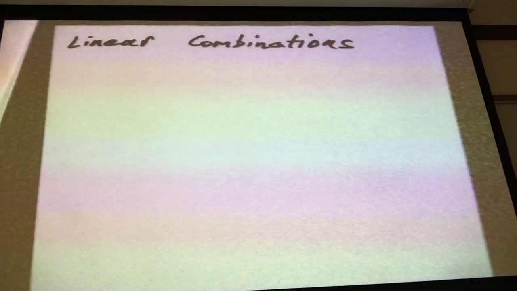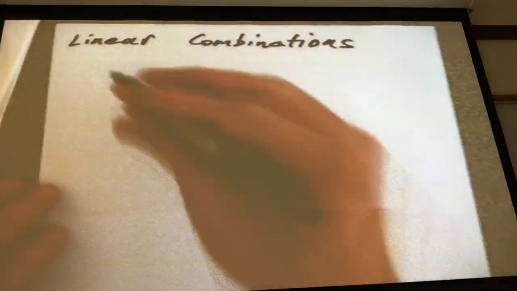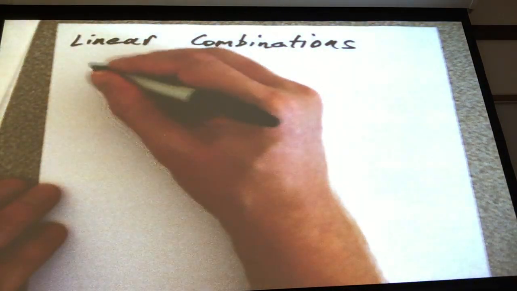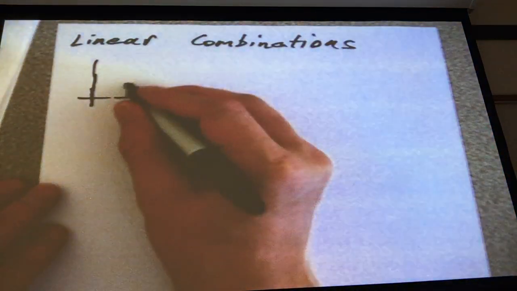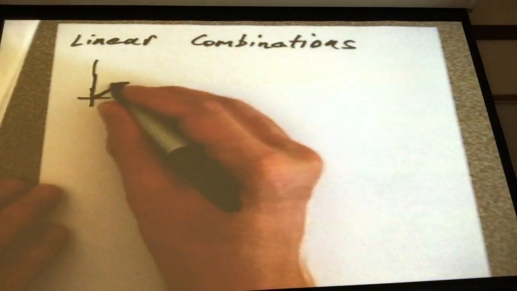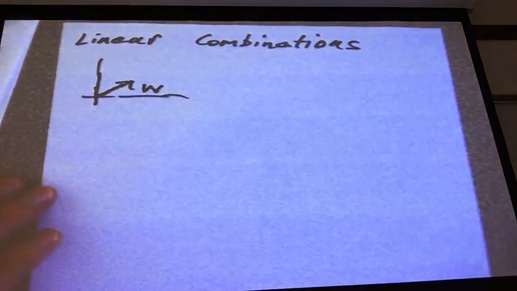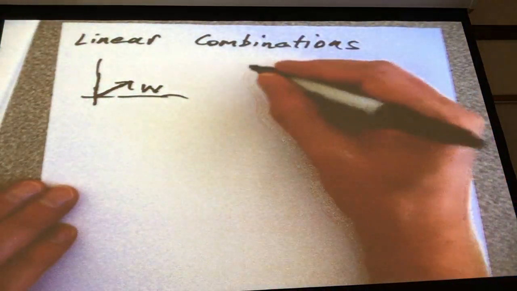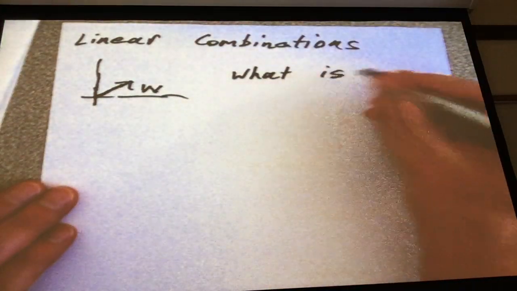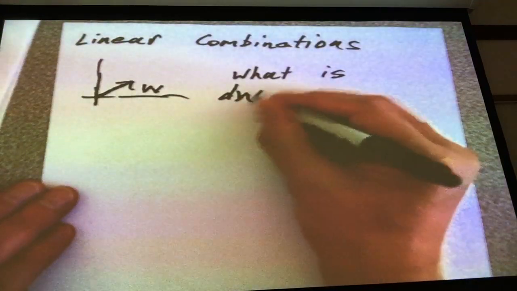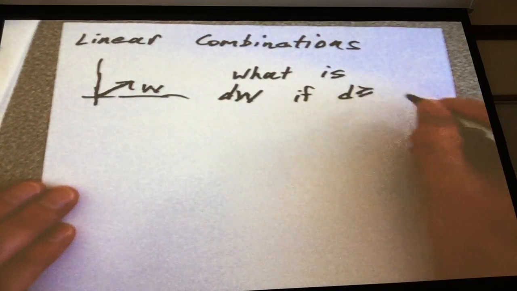Okay, so let's talk about linear combinations, right? So let's say we're given some W. All right. So say, what is dW if d is going to be greater than or equal to 0?